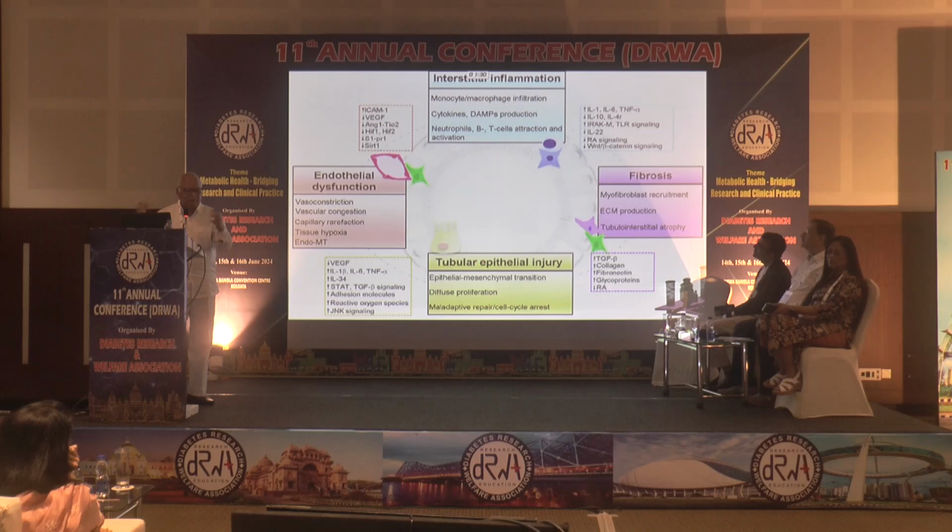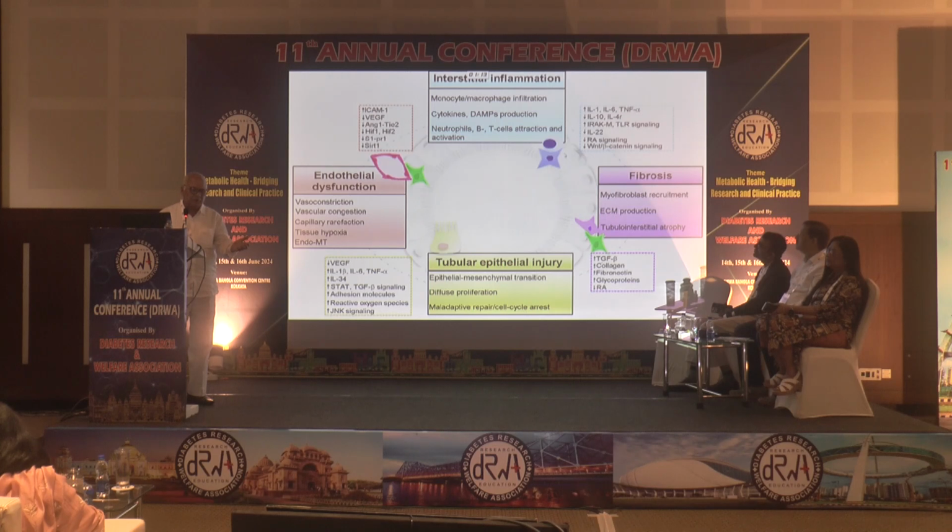So you have many pathological processes going on together. You have endothelial dysfunction of the vascular bed. You have tubular injury because of the filtration process. Then you have interstitial inflammation, a lot of inflammatory cells migrating in, and ultimately leading to fibrosis. So you lost the kidney.